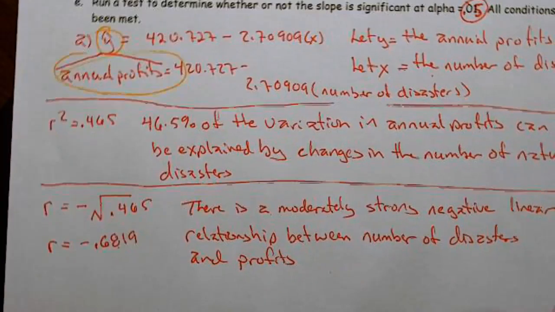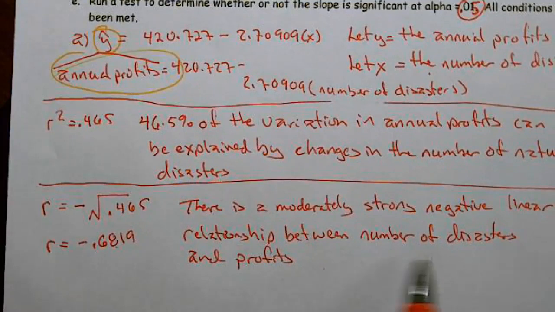So basically, all we're saying is, as the number of disasters increases, the amount of profit decreases. And the reason we know that is it's a negative relationship.